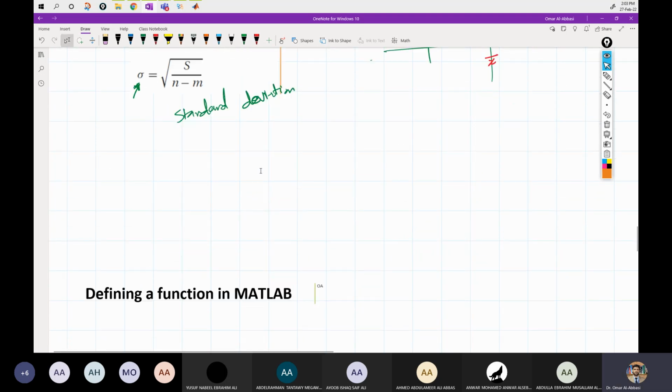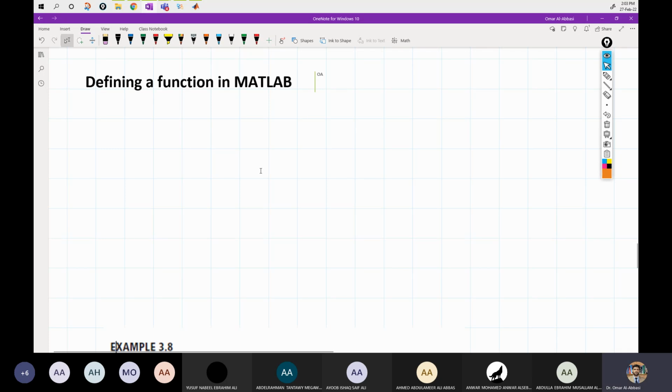I need, just in order to finish the requirement to use the best fit, to show you how to define a function in MATLAB. Okay, if this is a function a plus bx, how can we define that in MATLAB? So the function that you want to define, f at x, which means this function f is a function of x given by a plus b times x.